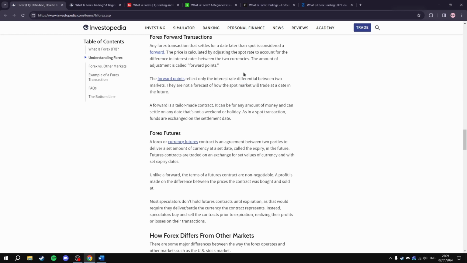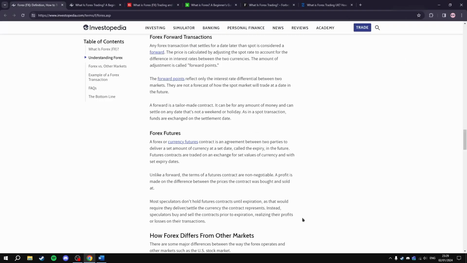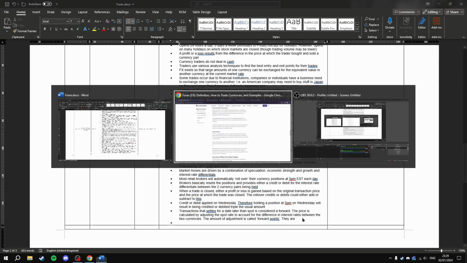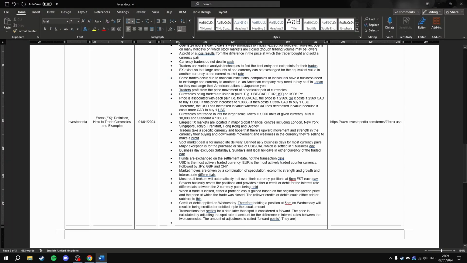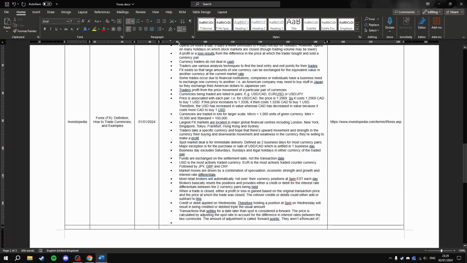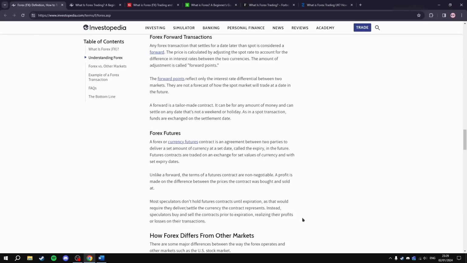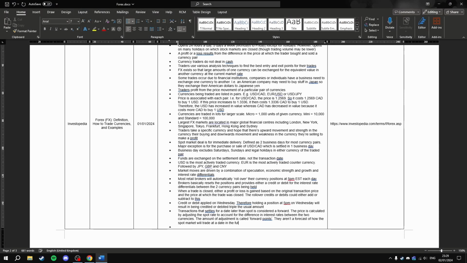So the forward points reflect only the interest rate differential between the two, so they don't actually predict. They aren't a forecast of how the spot market will trade at a date in the future.